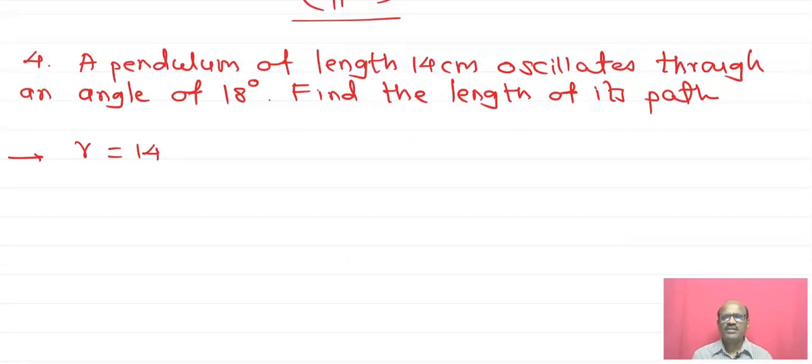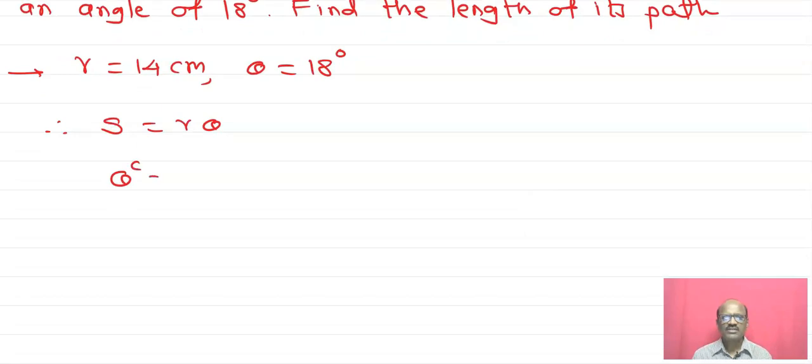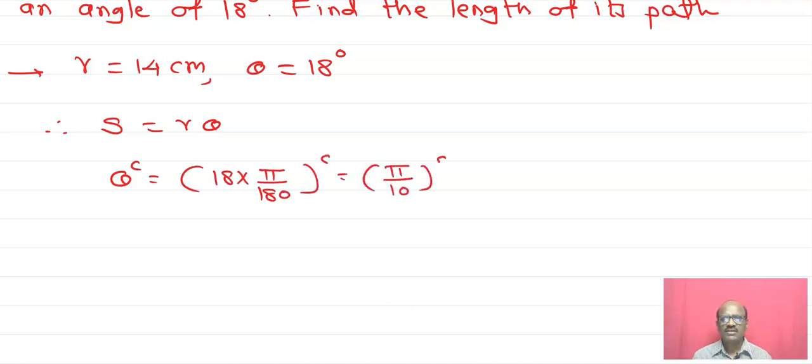Now the next problem. A pendulum of length 14 centimeter oscillates through an angle of 18 degrees. Find the length of its path. That is r is equal to 14 centimeter, theta is equal to 18 degrees, S is equal to r theta. Therefore, convert this angle from degrees to radian: 18 into pi upon 180, that is equal to pi upon 10 radian.